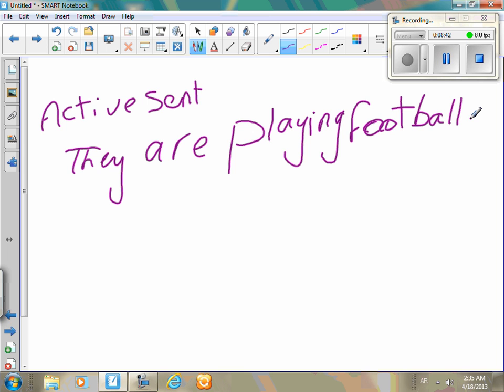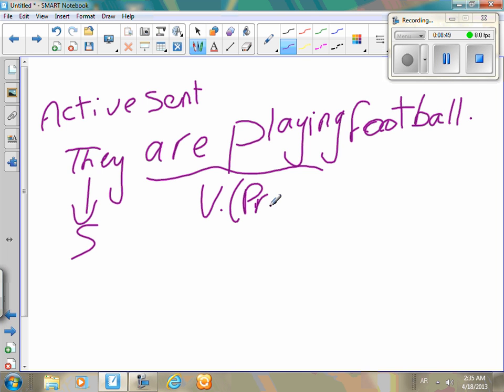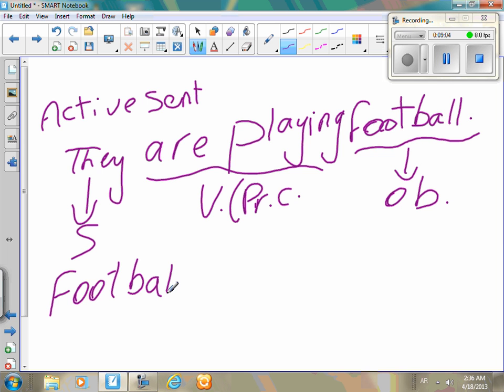We said you have subject, they, verb in the present continuous, and then you have the object. So, move the object to in front, football. What is verb to be with football? It's going to be is or are. Is.